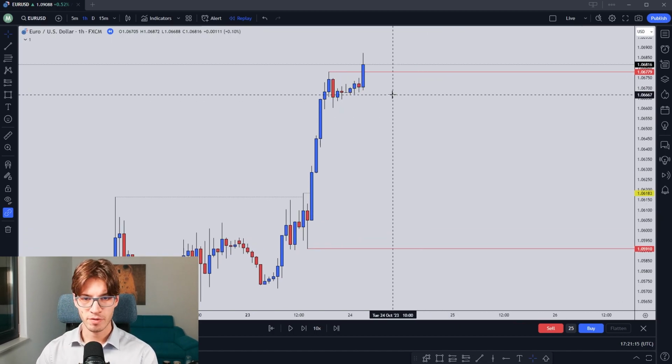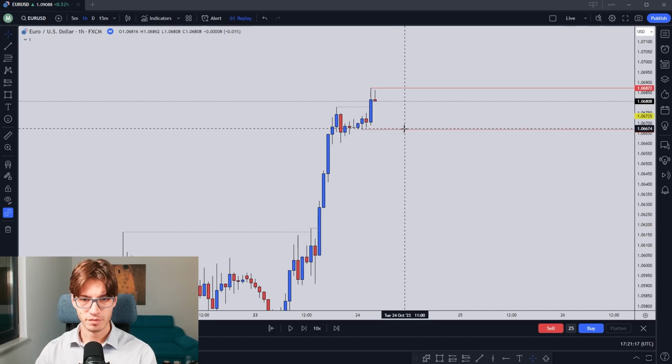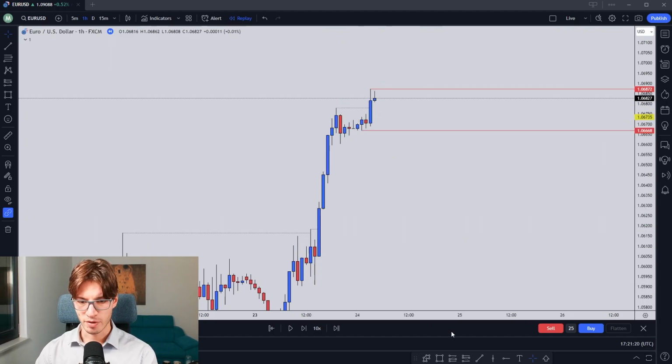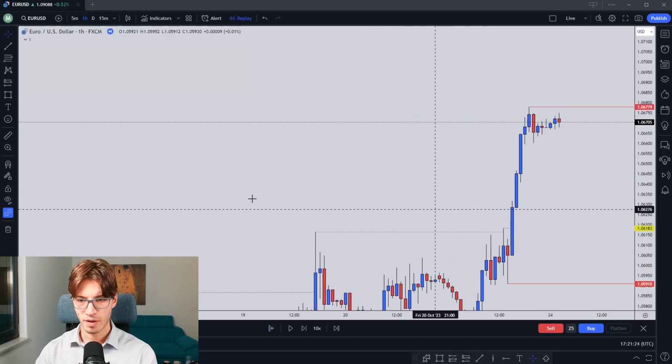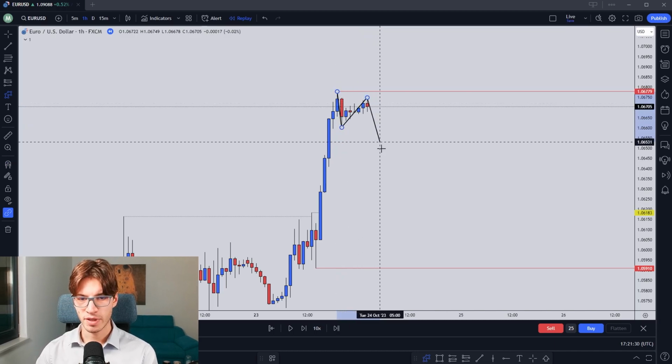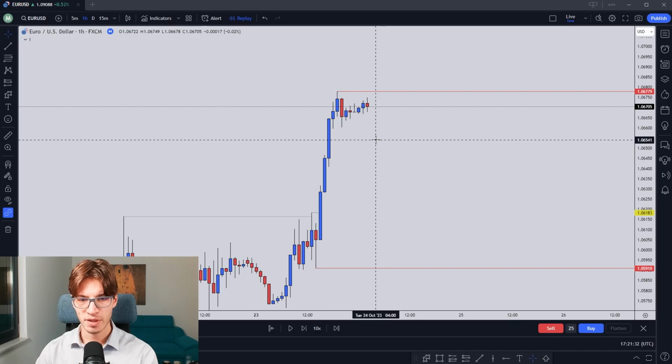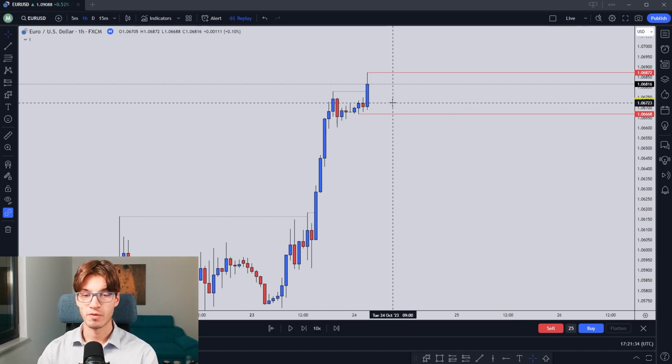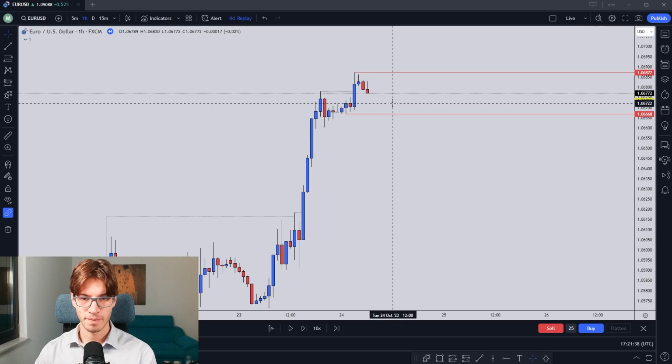Okay, no flag forms. Why? Well, because we did not break. Let's click it here. We did not create all 4 points of a flag. We need the first high, we need the first low, second high, and we need the second low, which never happened. Instead, price broke the most recent high before the flag formed, making the flag formation invalid.